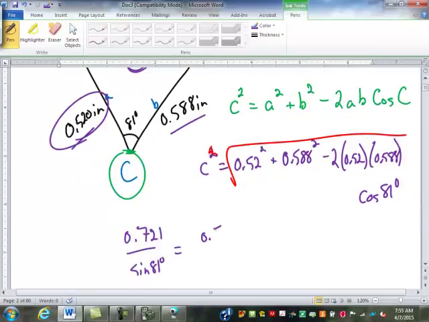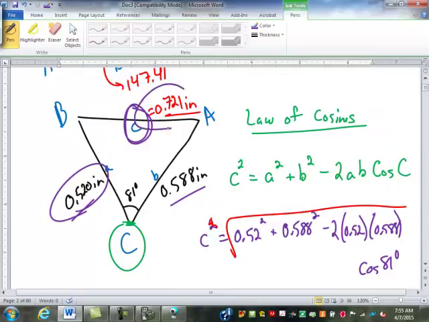Now, in this case, it really doesn't matter because what's the longest side of this triangle? It's this one. So I know that 81 degrees is the largest angle. So I know that both of these are acute. But the reason I usually do the smaller side first is, remember, law of sines will always give you an acute angle. Well, that largest side, you don't know whether its opposite angle is acute or it might be obtuse. So I'll do an example of that here in just a minute.